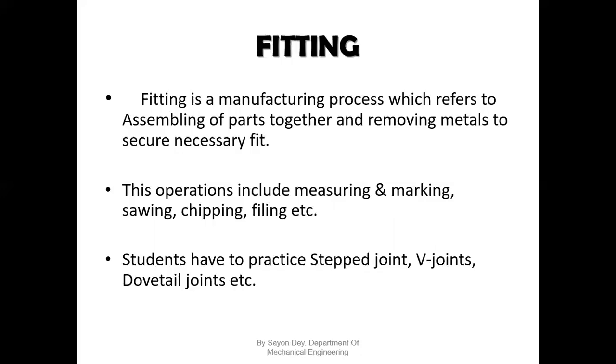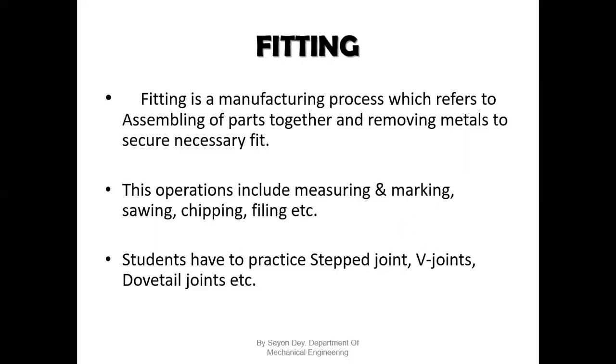In the carpentry pattern shop, we work on wood, but in the fitting shop, we have to work on metals. Basically, fitting is a manufacturing process which refers to the assembling of parts and removing metal to secure the necessary fits.